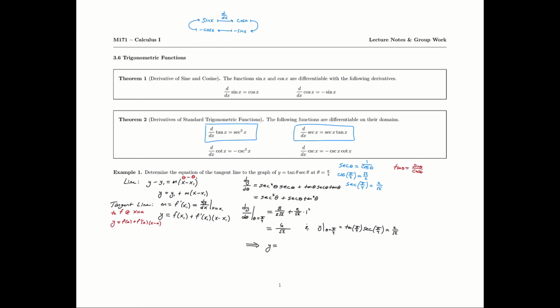So y equals 2 over root 2 plus our slope of 6 over root 2 times the quantity theta minus pi over 4. And that's the equation of our tangent line.